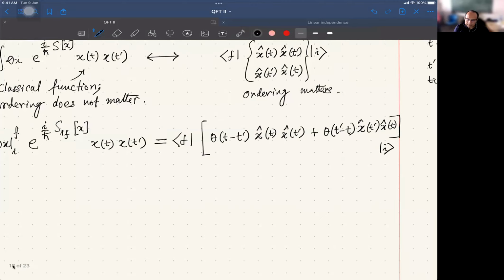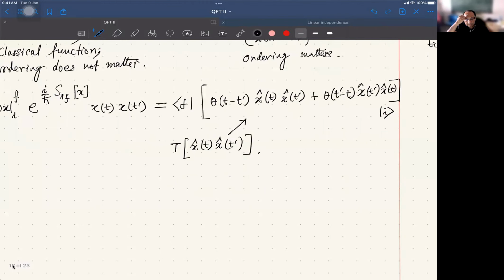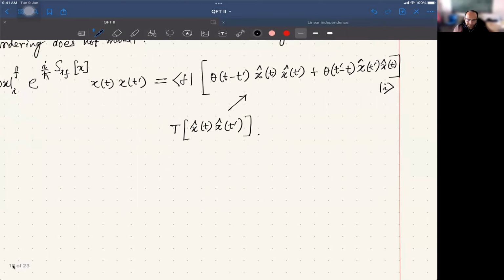That is the result, and this is called the time ordered product of x hat(t) and x hat(t prime). Time ordered product means that whichever time is greater sits on the left. And its explicit expression is given by this one.